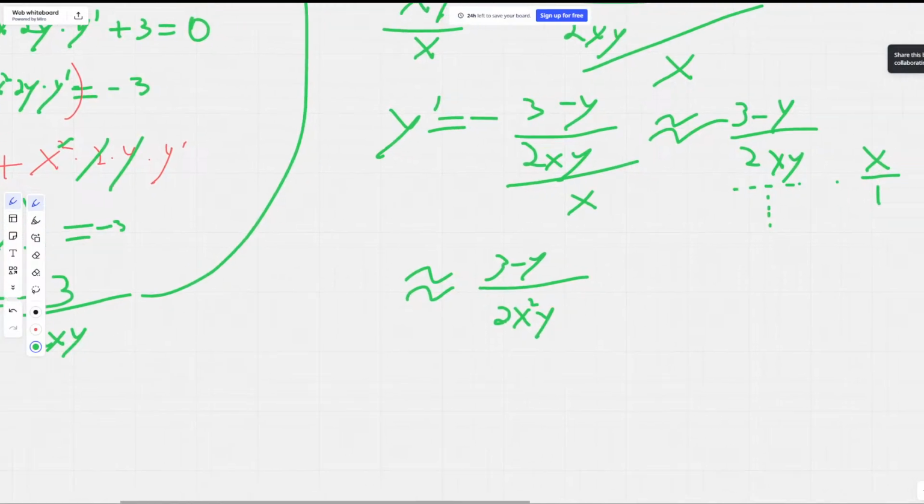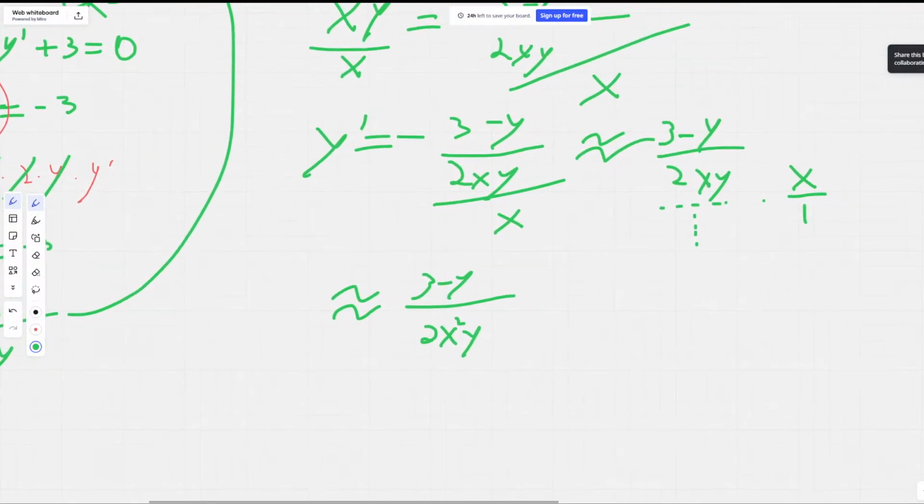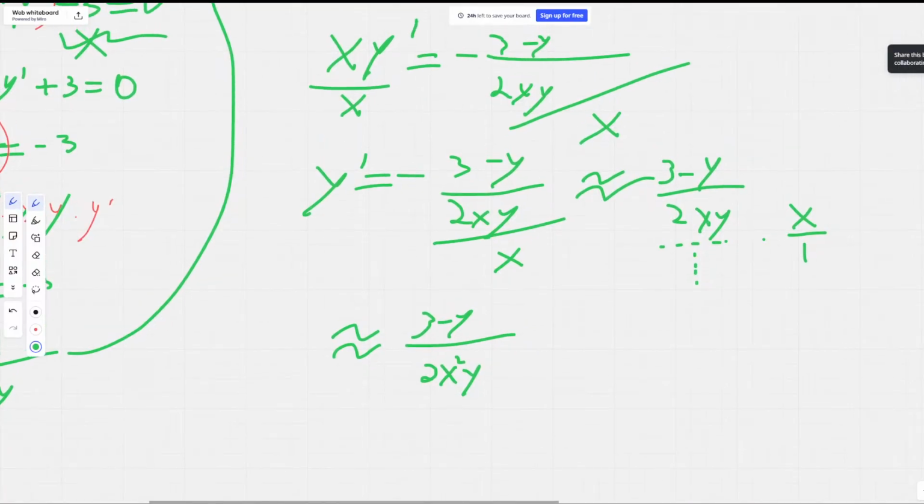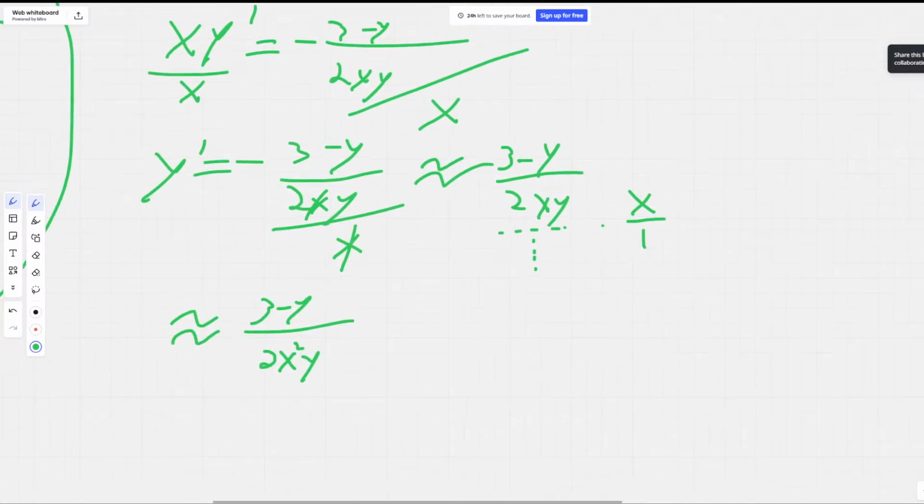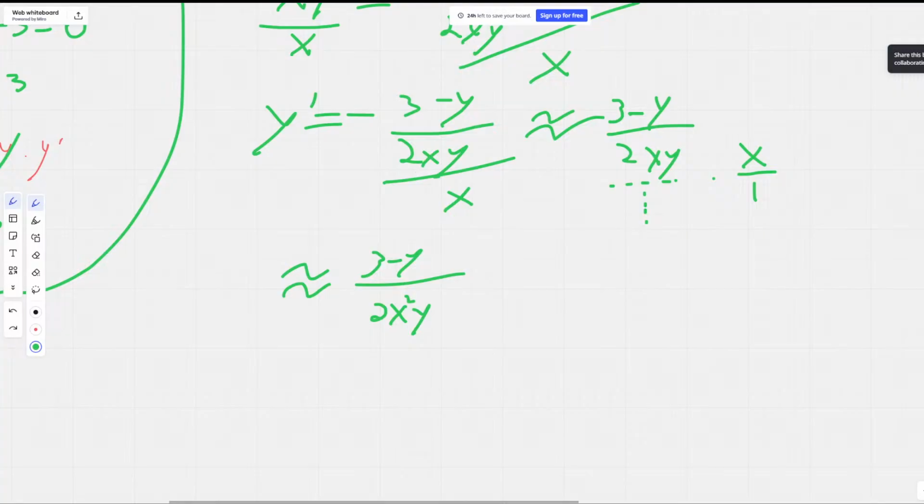Correct? Yes, maybe. Either that, or I suppose, since this is technically under that, mark those off. Or mark these off. 3 minus y over 2y. Those are very different answers.